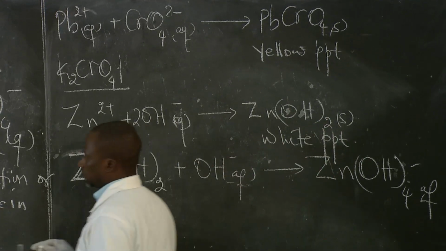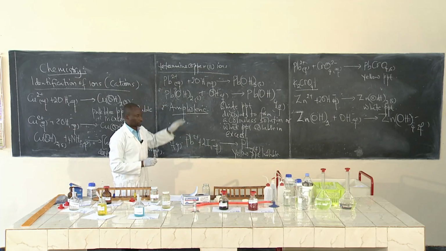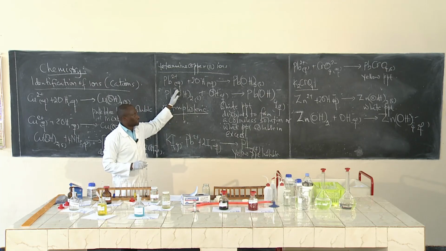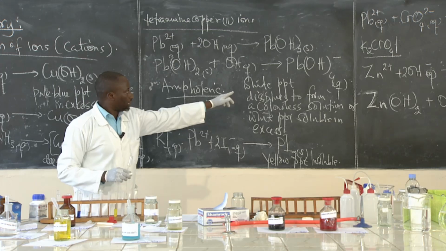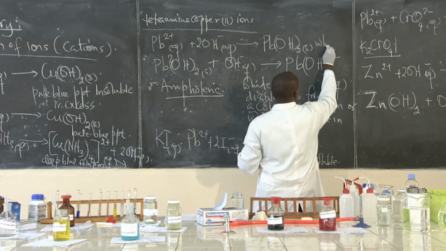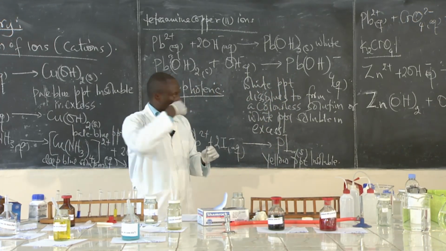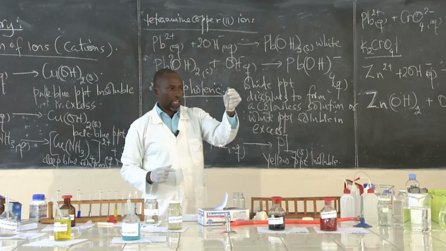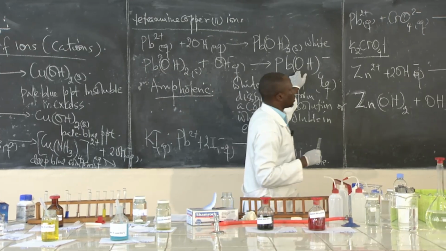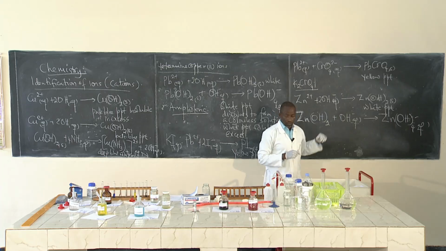If you look at this, there is some similarity with lead. White precipitate formed, if you remember. Then the white precipitate dissolves in excess, like this one, to form this compound. The same applies to zinc.